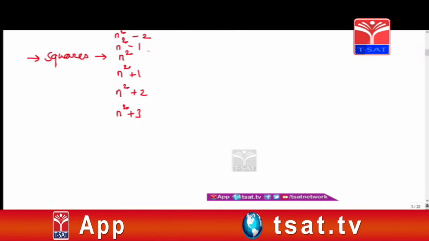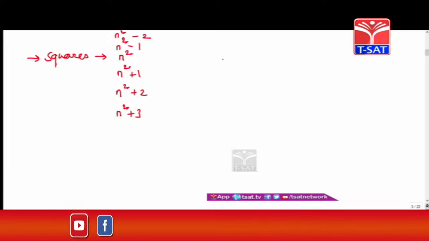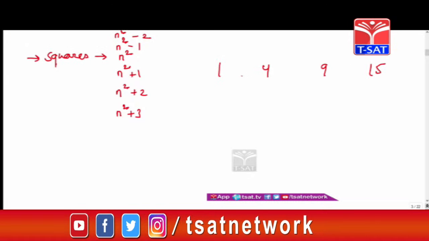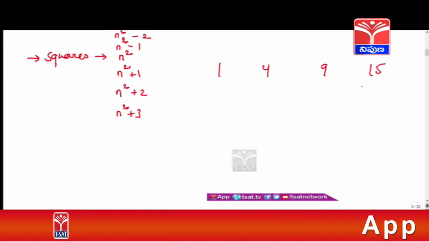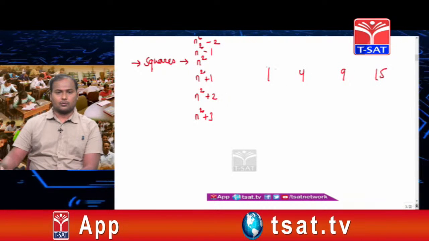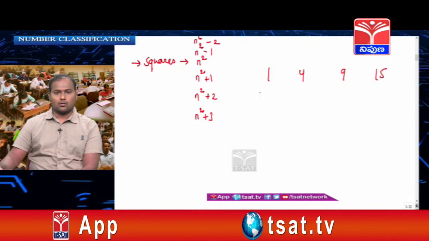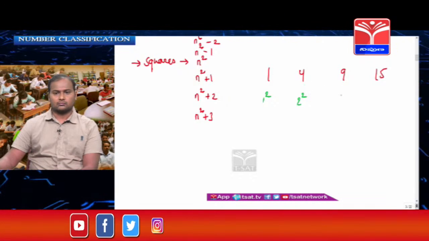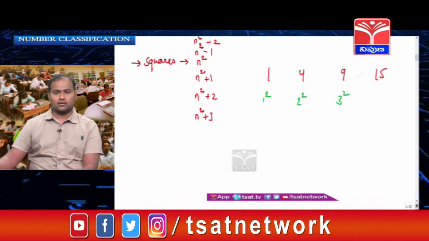For example, look at one question. Simply, he will give 4 numbers, and you need to identify a common character. We need to classify these numbers into one particular group based on a character. The moment I see this, I know 1 square is 1, 2 square is 4, 3 square is 9.